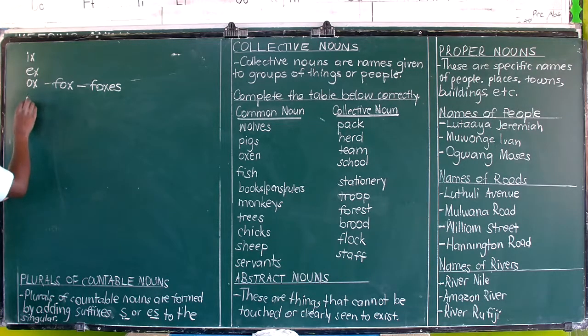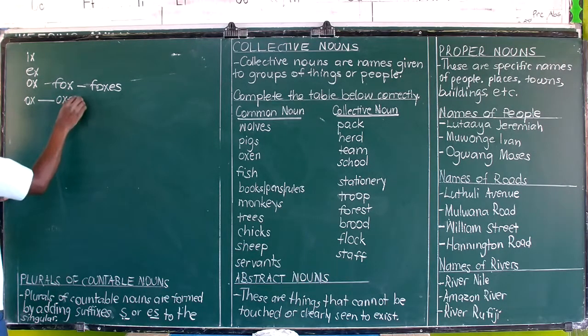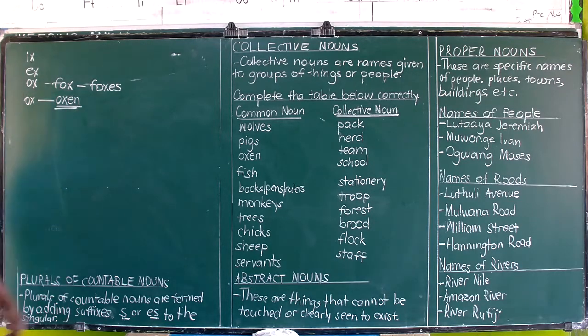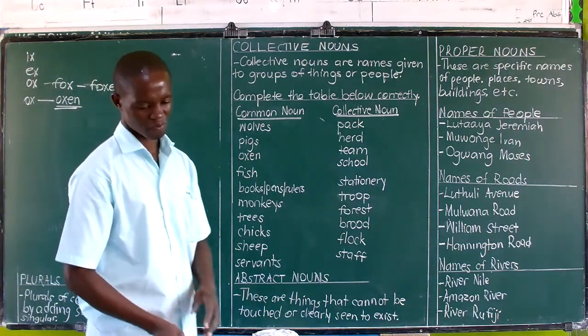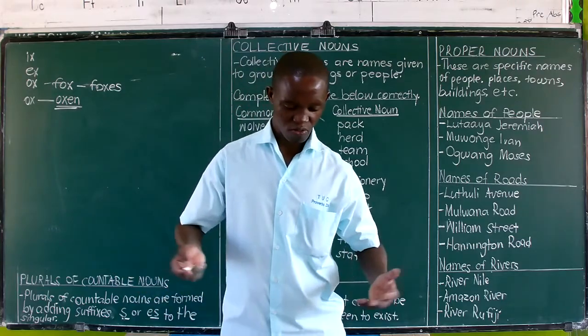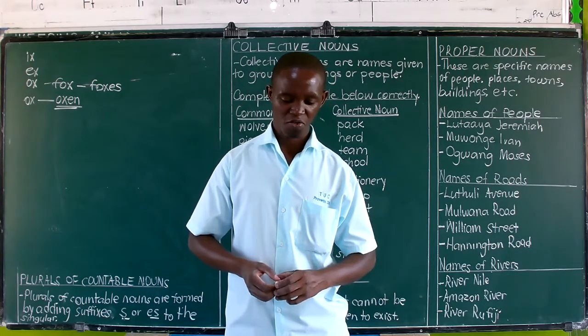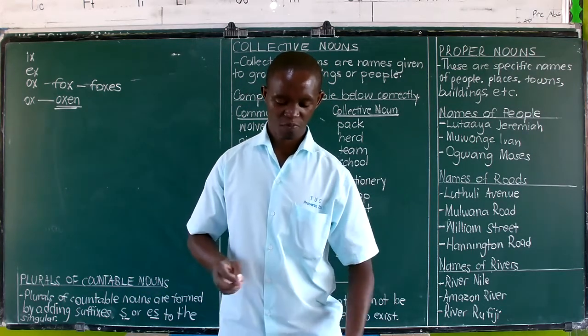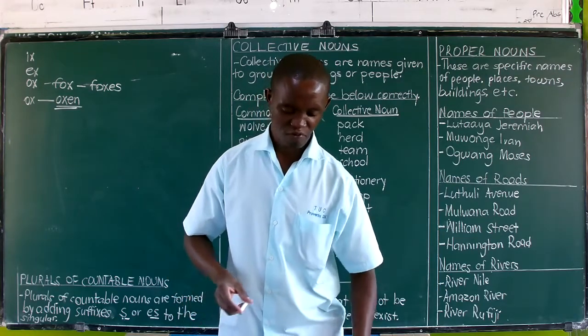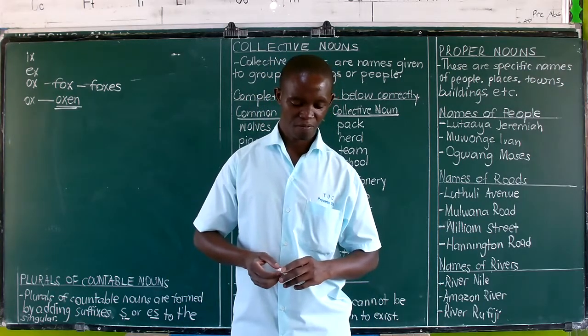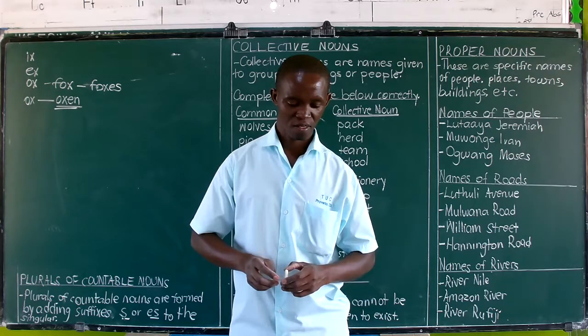But we have this strange word, ox itself changes to plural and becomes oxen. Yes, very unique, exceptional to the rule given to you. So you'll go through the table and learn more about the way different plural forms are got from singulars for those nouns that are given to us.